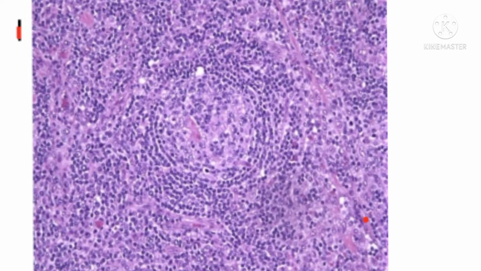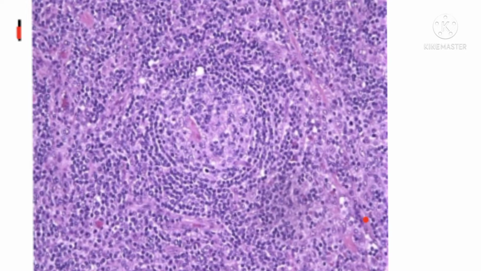What has happened to the center of the follicle? This is the atretic follicle and it is surrounded by mantle zone of lymphocytes. So where do you see this kind of change? Hyaline vascular variant of Castleman's disease. You can see a high endothelial venule here. That will show a better appearance with a typical lollipop. Not very typical here. So this is a slide of Castleman's disease.